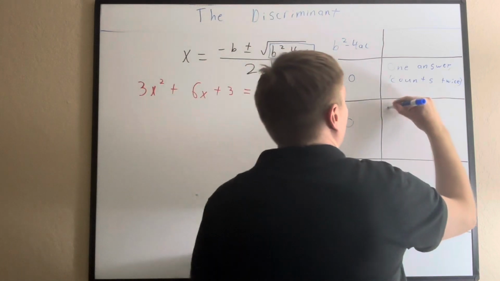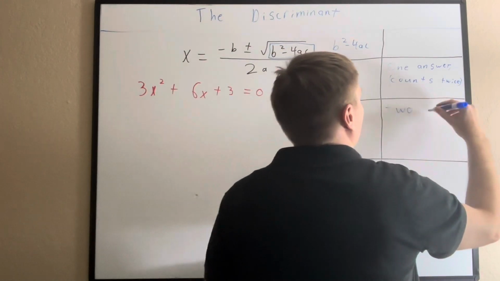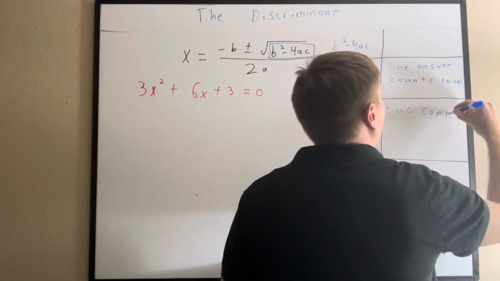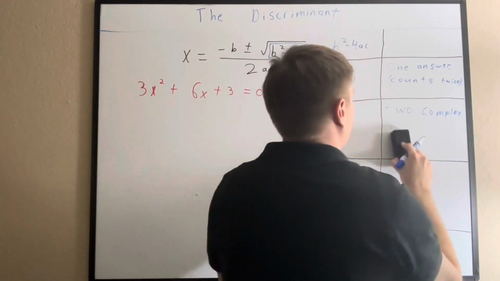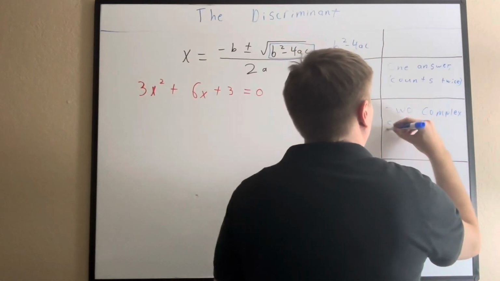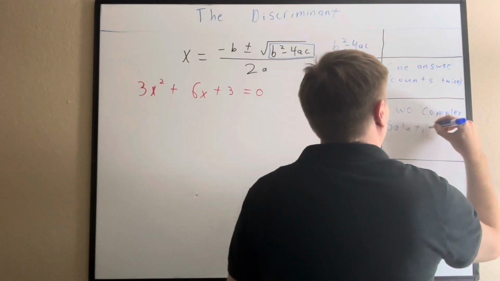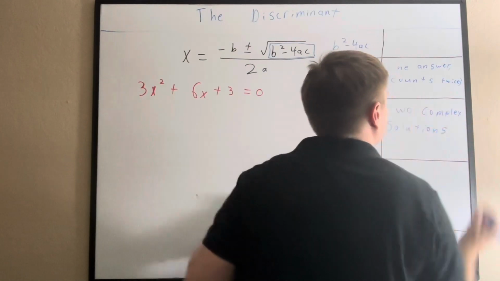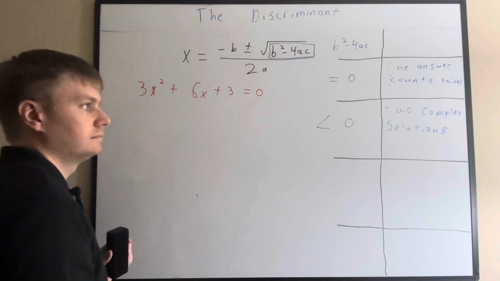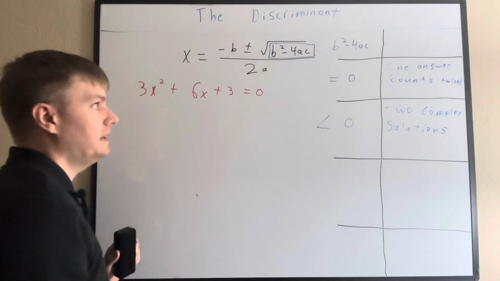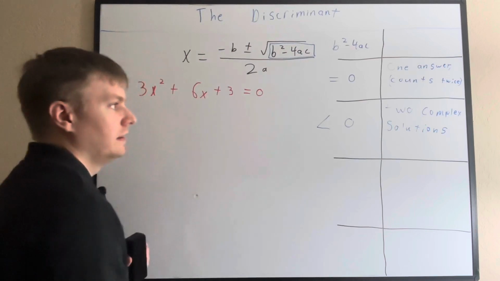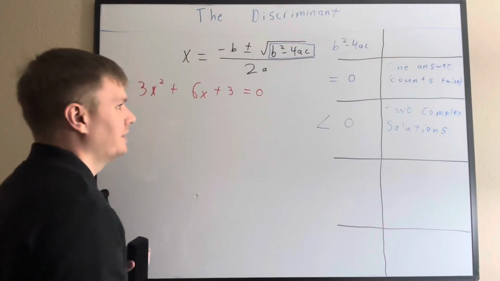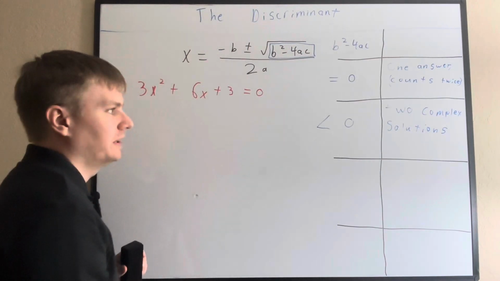So you're going to get 2 complex solutions. All right. That's all that means. So if you plug in b squared minus 4ac and get something negative, you know you're going to get complex answers.